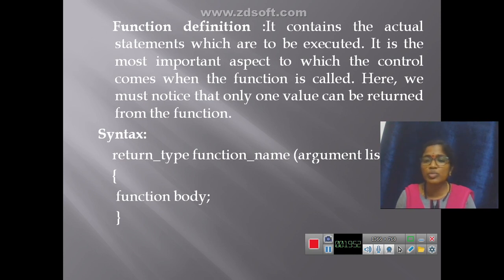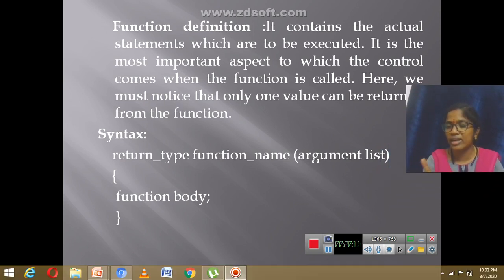So the syntax for the function definition is the return type, that means the type of the function, whether integer, char, float or double, then the name of the function, followed by the argument list, and it will not have a semicolon at the end.